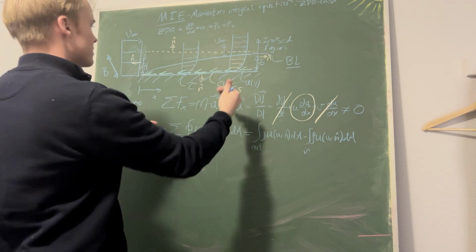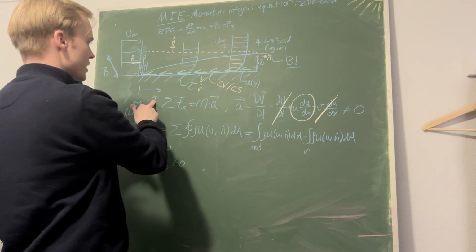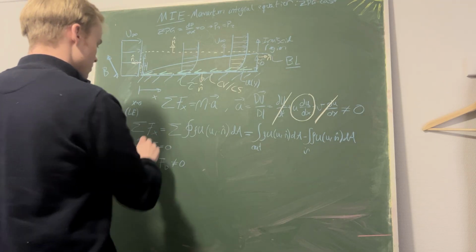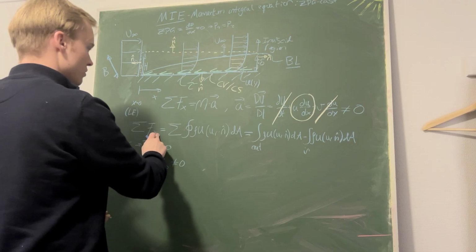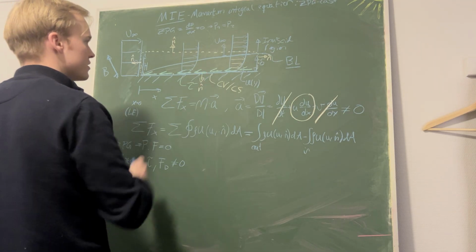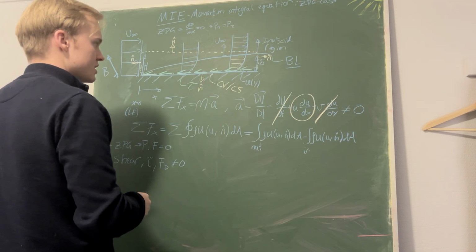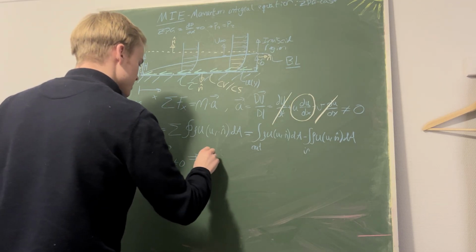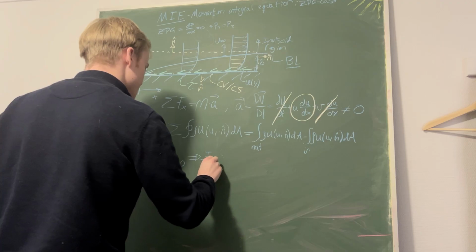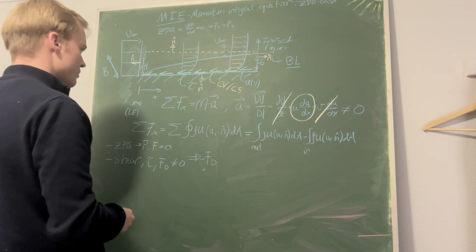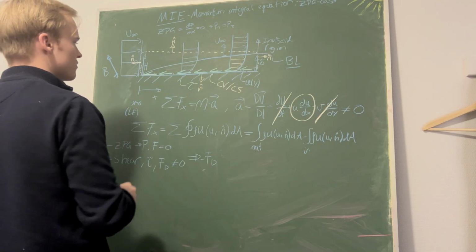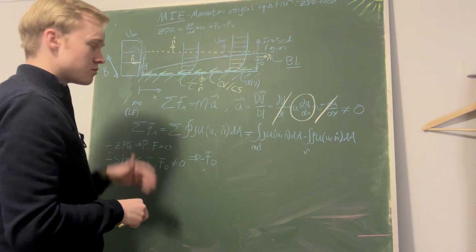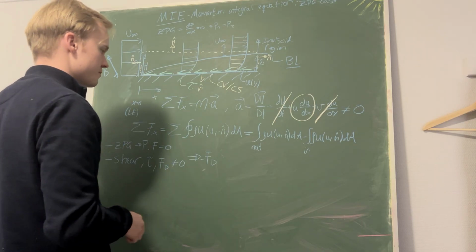So that means it's working in the opposite way of our x. So the sum of our external forces acting inside of our CV is going to be minus Fd, because it's moving in the opposite direction of what we set as the flow direction from left to right.